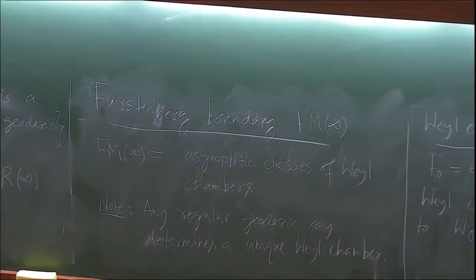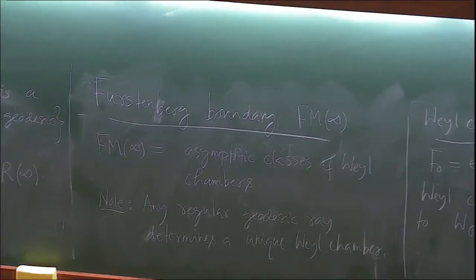Because suppose I have a geodesic ray starting from a point P, then this geodesic ray is contained in a unique maximal flat F. And then for this point P, I'll consider all the Weyl chambers. So this is sitting inside one of the connected components, right? So it is contained inside a unique Weyl chamber. So every regular geodesic ray will determine a unique Weyl chamber.